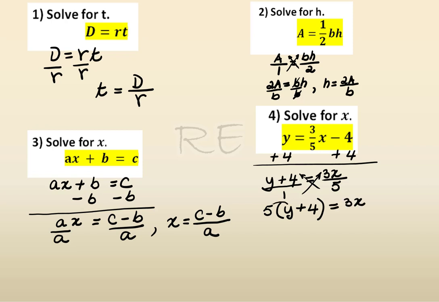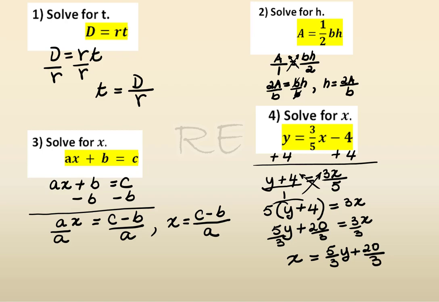Using distribution, we get 5y plus 20, 5 times 4, 20, is equal to 3x. Then we divide both sides by 3. Therefore, x is equal to 5/3 y plus 20 over 3, 20/3.